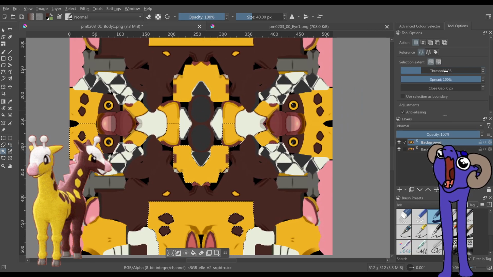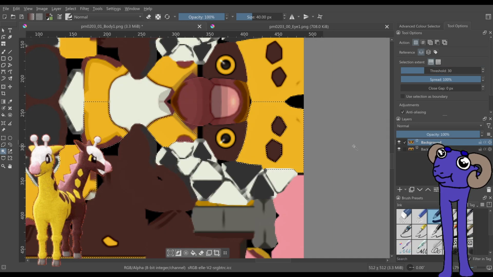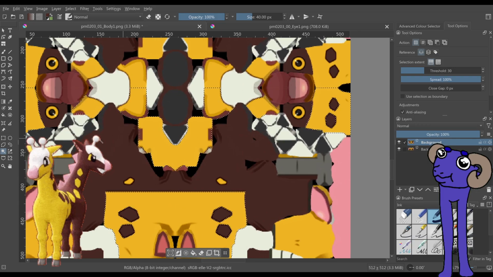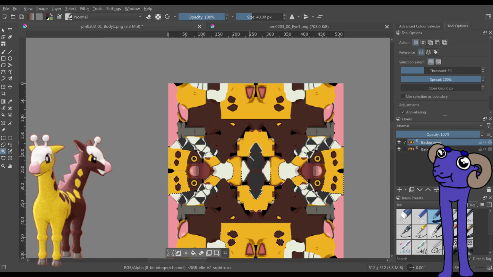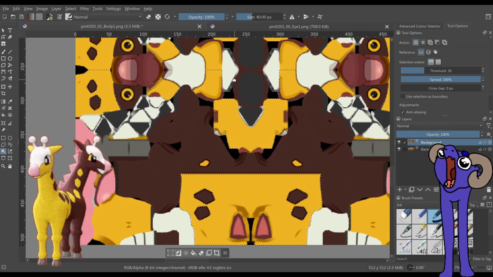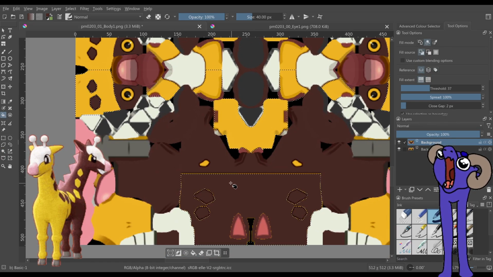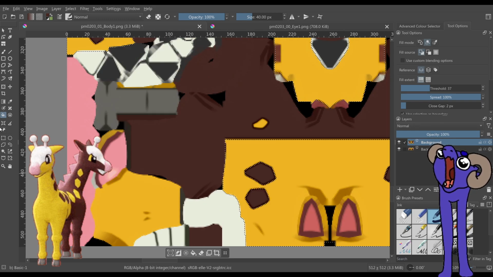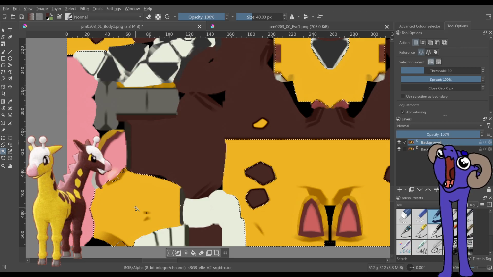And we just got the area over here to do. I could potentially just draw the spots back on, which could work. Oh yeah, does down there get... Yeah, down here gets used as well. So we need this too.